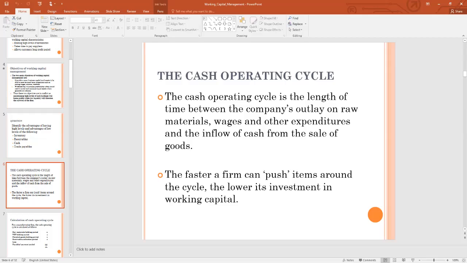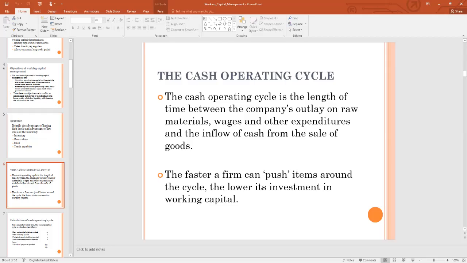When do you pay your supplier? On day 10. When do you get money from the customer? On day 50. What's that time difference? It's 50 minus 10, which gives us 40 days. The time that lapses between paying suppliers and getting money from your customer is called the cash conversion cycle.